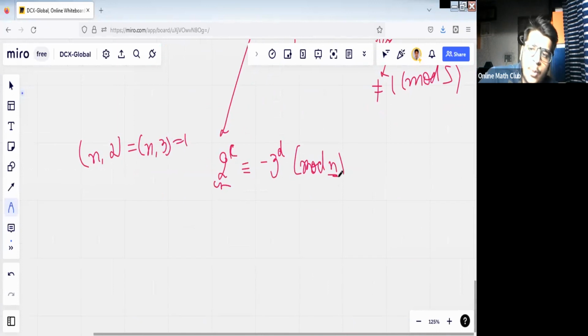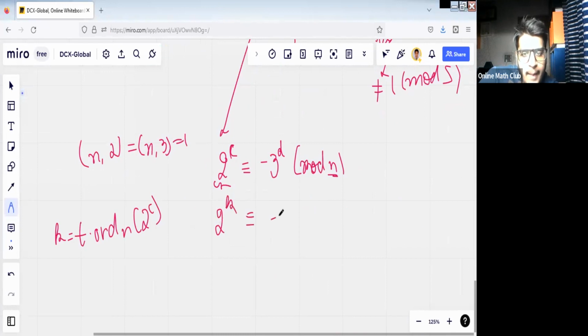So now 2^c is coprime to n, so there must exist some k, let k be some p times the order of 2^c. Then 2^(ck) is congruent to minus 3^(dk) mod n.